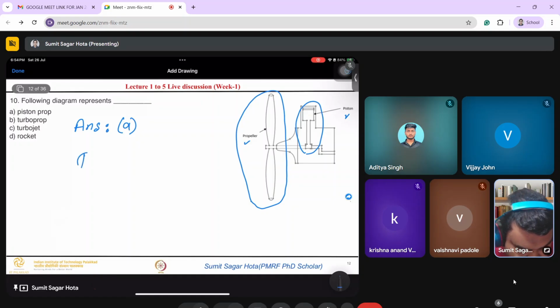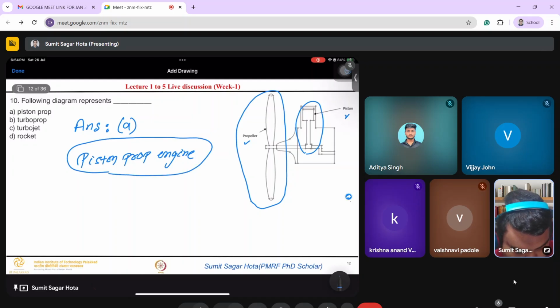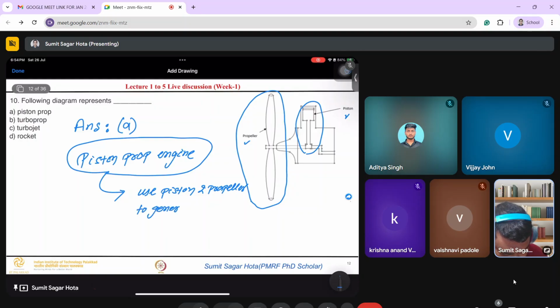So what is a piston prop engine? It uses a piston and propeller to generate useful work and thrust.